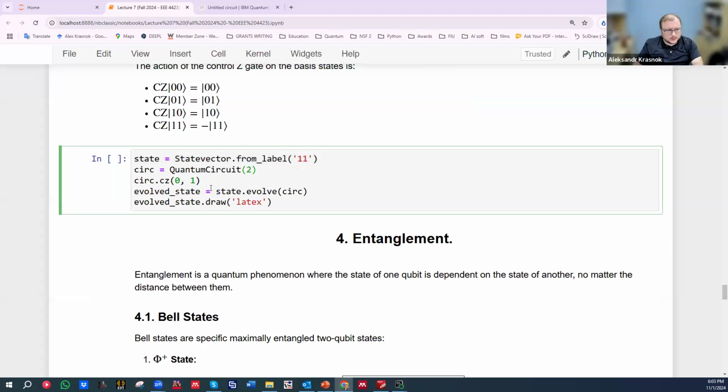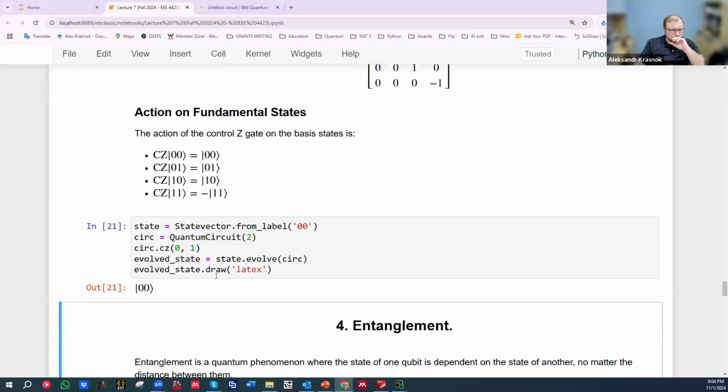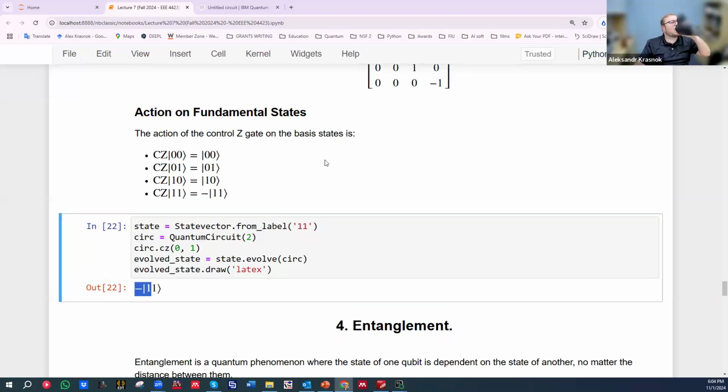Similarly, we can run this using state vector simulation for the Control Z gate, right? This is CZ, so Control Z gate, and for the 0, 0 state, we got 0, 0, and so on. But if I do 1, 1, it will be minus 1, 1.